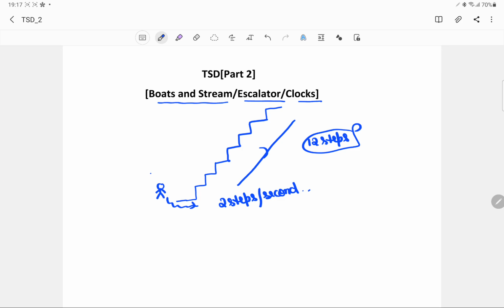So on the stationary escalator, he'll reach the top in 6 seconds.